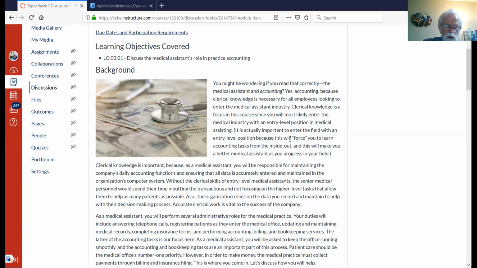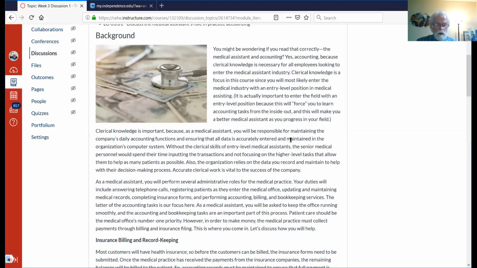So those are the kinds of things that you would do. When you do the administrative stuff, you do have certain pseudo-administrative duties, even as a clinical medical assistant. And those are accurate record keeping.